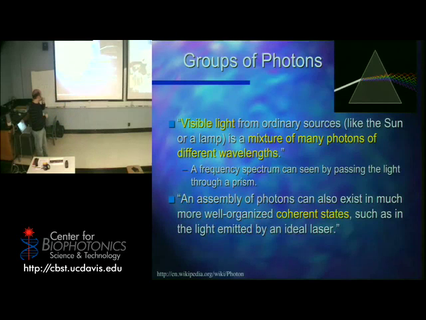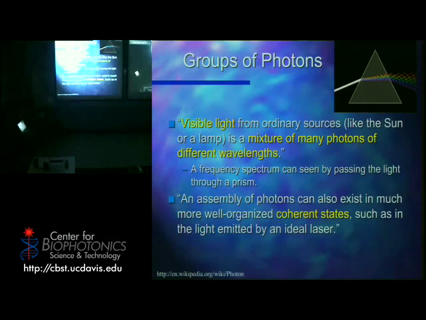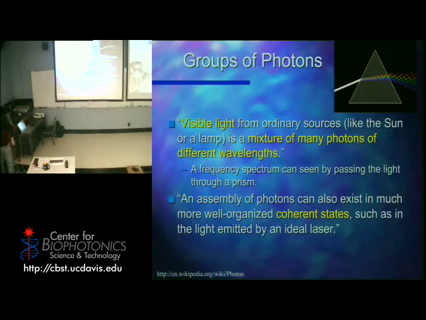There is some variation between us. And an assembly of photons can exist in, so when you pass that light through a spectrum, you can see it all separated into its component colors, the different wavelengths. Right here, it's just showing you a prism in a wavelength representation. And you see all those waves can all go in all different directions. They're different wavelengths, which means they're different energies, and they're not necessarily coherent.